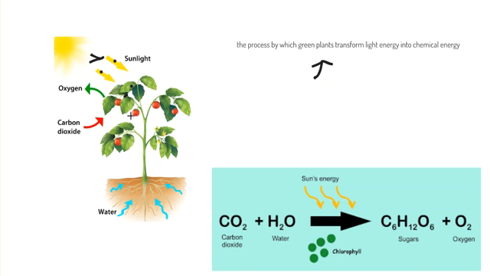So this plant would absorb this light energy and then transform it into an energy which it can use to perform its daily processes, which in this case is chemical energy. Hopefully this model represents what this definition really means.